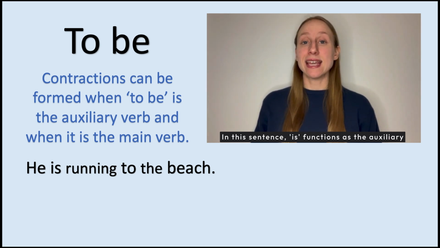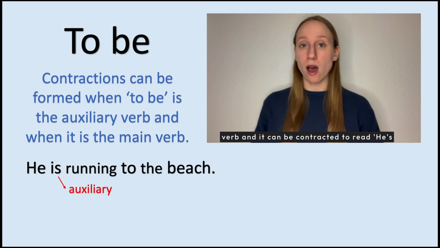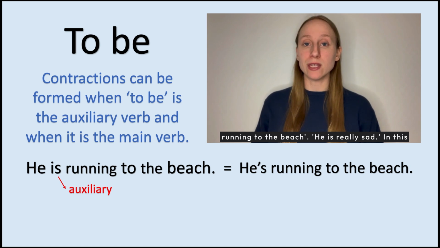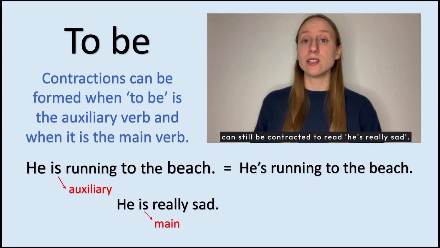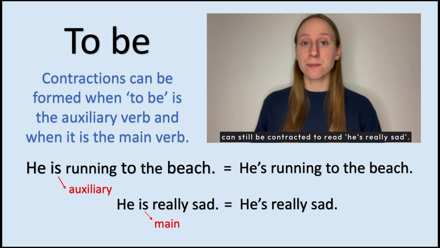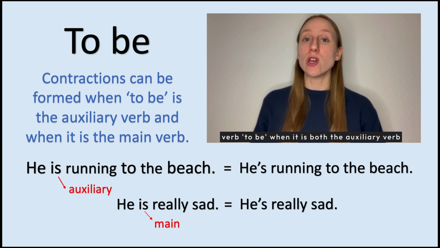In this sentence, is functions as the auxiliary verb, and it can be contracted to read, he's running to the beach. He is really sad. In this sentence, is functions as the main verb, but can still be contracted to read, he's really sad. So again, contractions can be formed using the verb to be when it is both the auxiliary verb and when it is the main verb of the sentence.